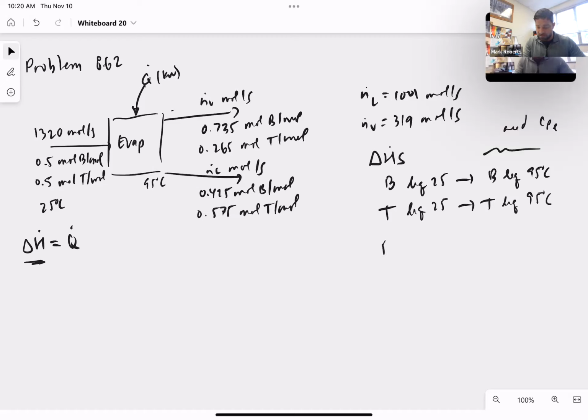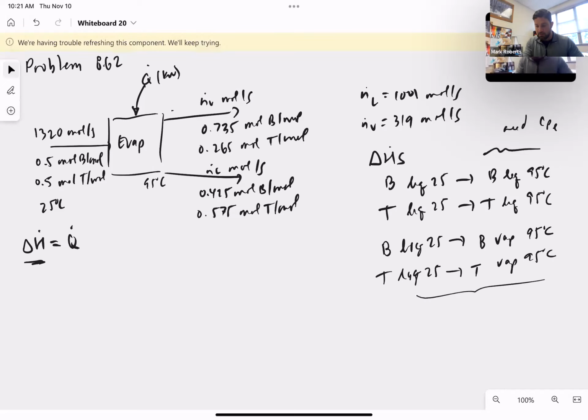The other delta H's that we're going to need are benzene as a liquid at 25 going to benzene as a vapor at 95 degrees C, and the same for toluene: toluene as a liquid at 25 going to toluene as a vapor at 95 degrees C. For these two processes, we're going to need the heat capacity for the liquid, because we have to heat up the liquid to the boiling point.